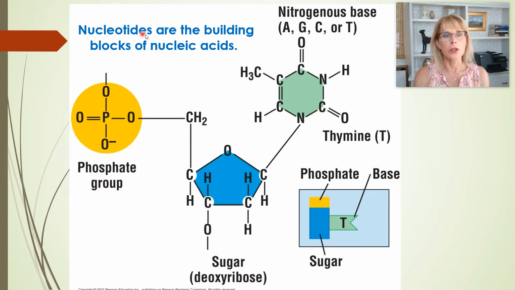Every nucleotide, whether it's DNA or RNA, is made out of a phosphate, a sugar, and a base, right? This nucleotide, shown schematically here on the lower right, is going to be the monomer. DNA is built out of nucleotides. RNA is built out of nucleotides.